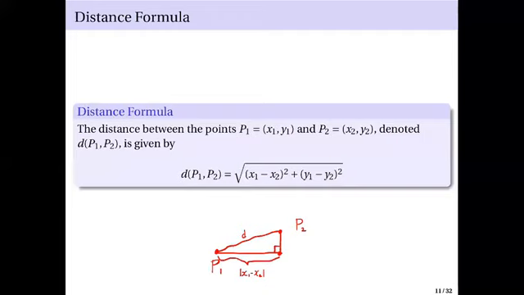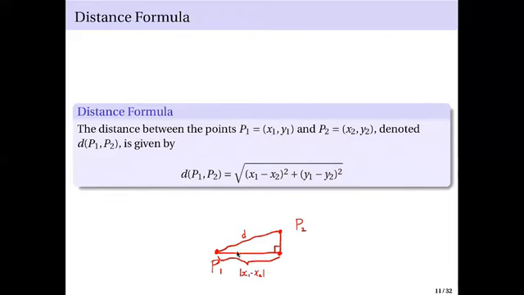I will not show it here, but this distance here is the absolute value of x1 minus x2. Meaning, you look at the x coordinates of P1 and P2, so you get the distance of the x coordinates.